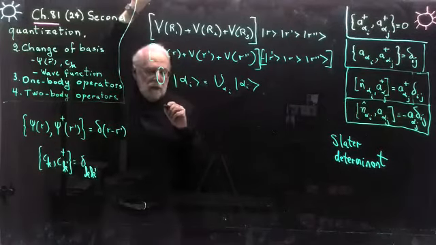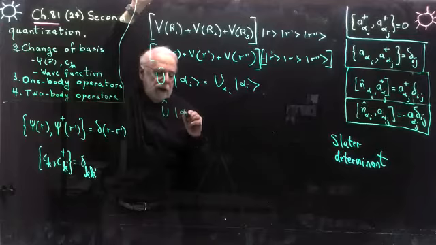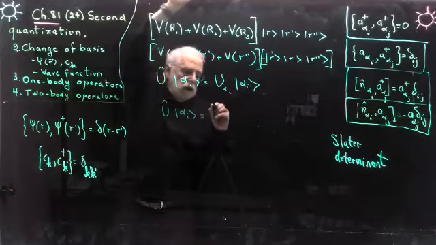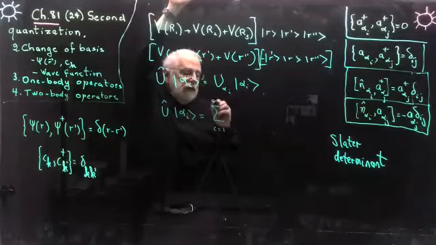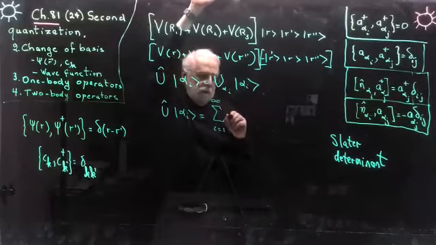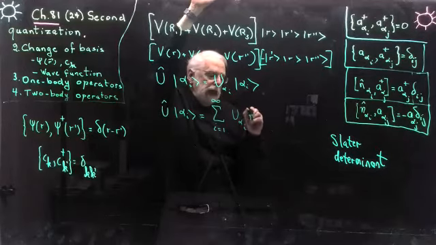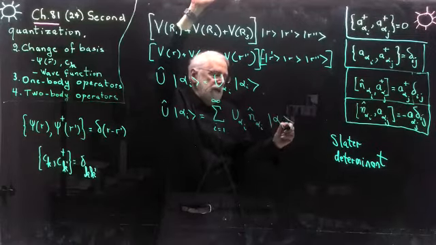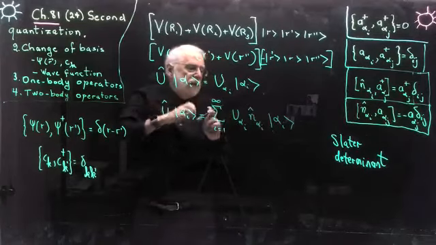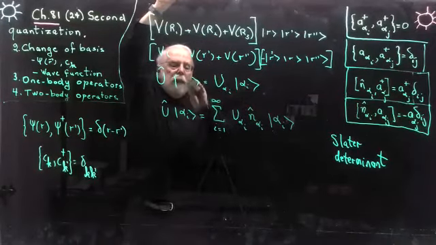So you see that what I can do now is write that U acting on a state alpha I is just equal to the sum over I equals 1 to infinity, if the basis is infinite, of U of alpha I times the operator N alpha I acting on alpha I. And now here I can go beyond just the one particle.